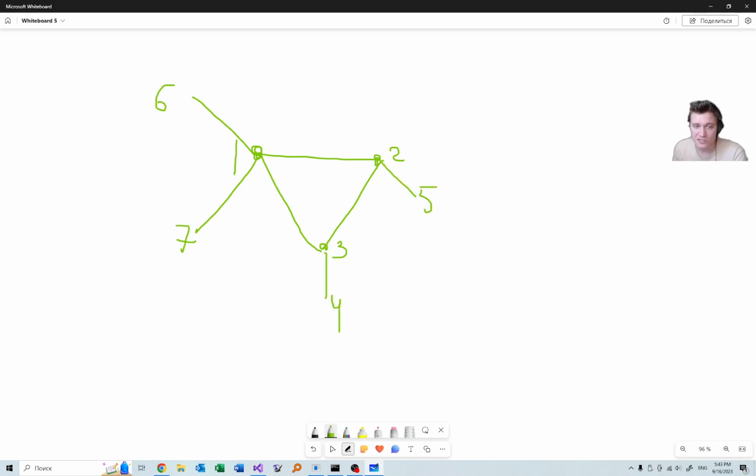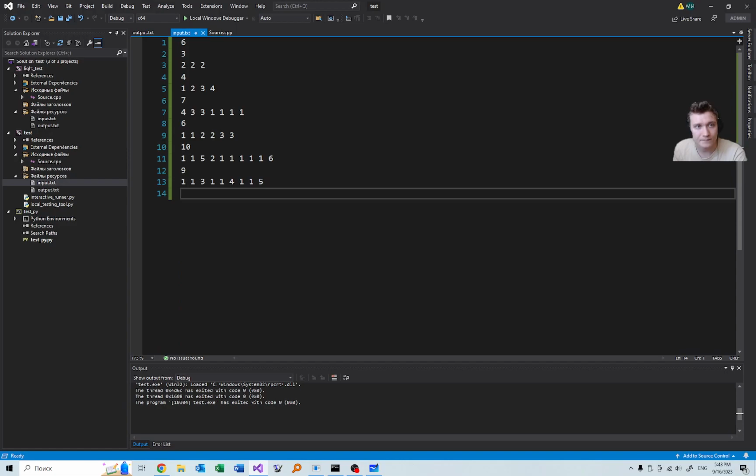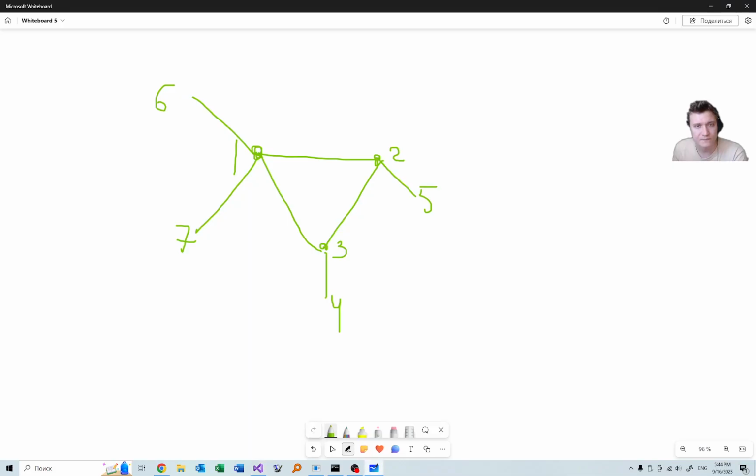It is kind of understandable. It's correct if all the degrees are correct. Let's check the degrees. So we have here 4, 3, 3, 1, 1, 1, 1. I guess it is correct.